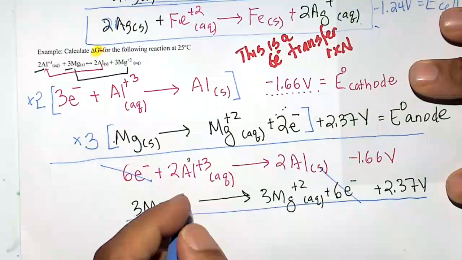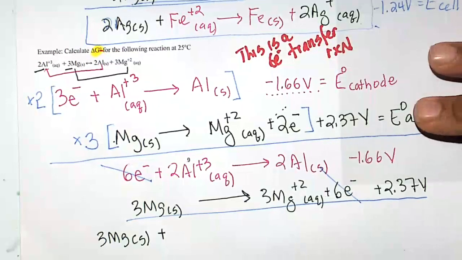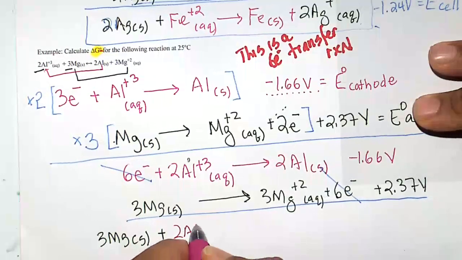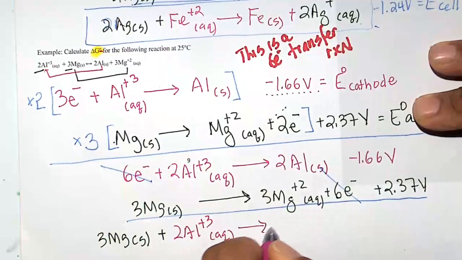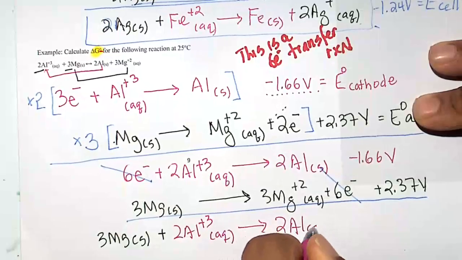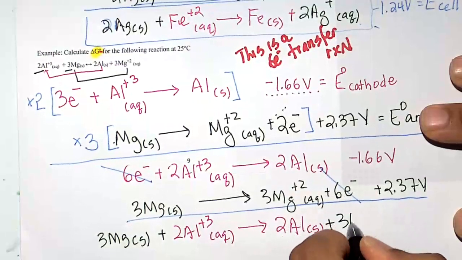So 6e minus, 6e minus, and we have our original equation here, which is 3 Mg solid plus 2Al3+ goes to 2Al solid plus 3 Mg2+.